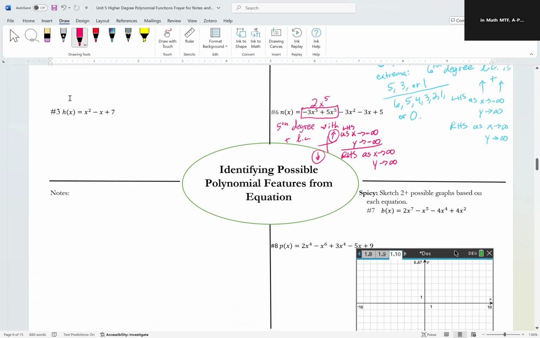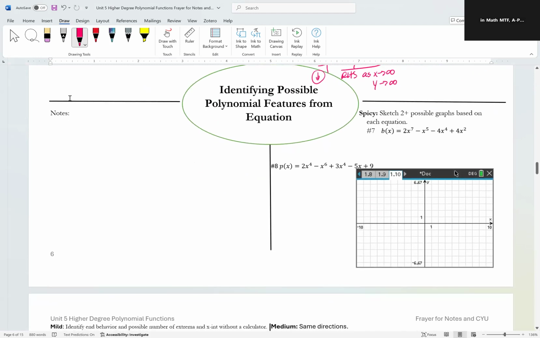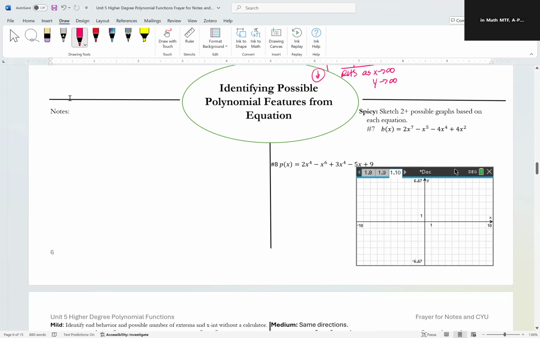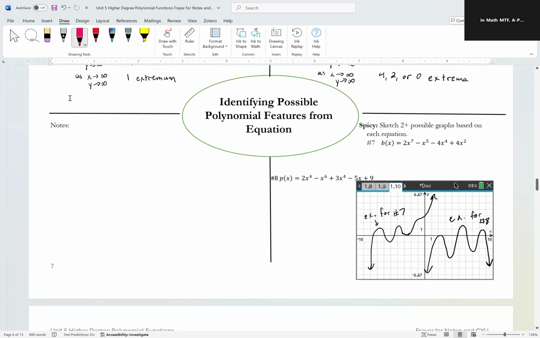The spicy here, same exact instructions, except I do want students recognizing, hey, what are the possible graphs? So there's lots of options just based on leading coefficient, possible number of extrema and possible number of x-intercepts. And so if you look down at the solution, I just gave an example for each.